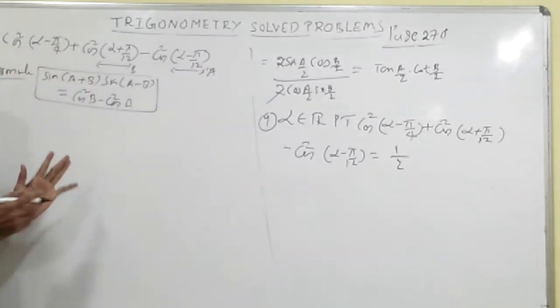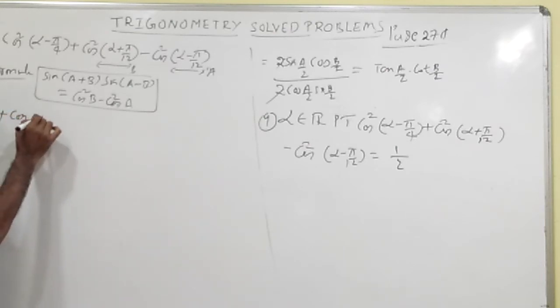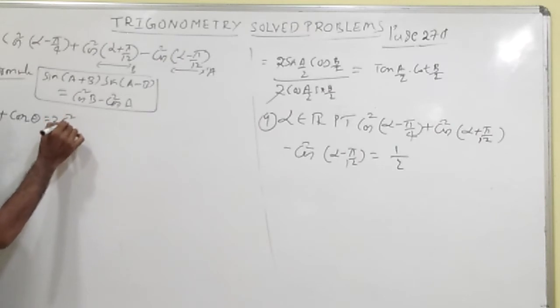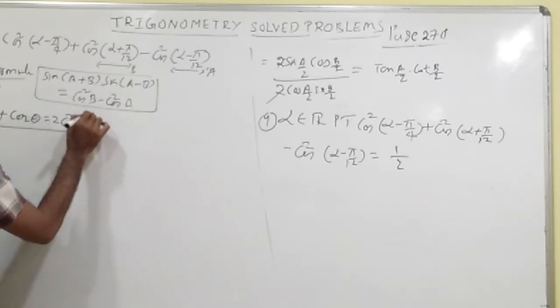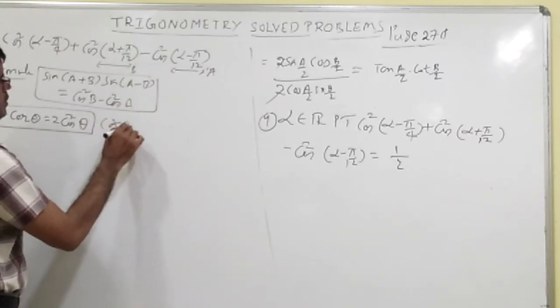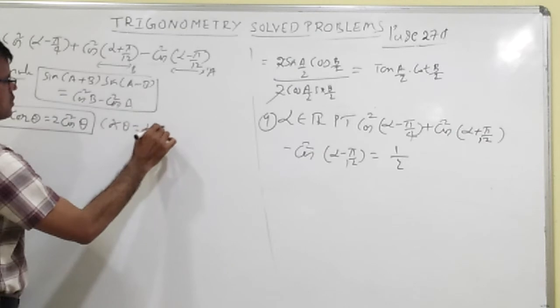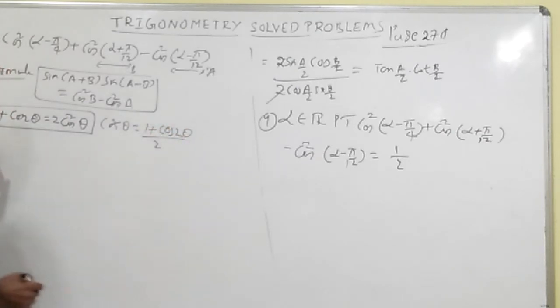And once again, remember the formula 1 plus cos 2 theta. In terms of cos, 1 plus cos 2 theta is 2 cos square theta. So, in the similar way, you can understand cos square theta is equal to 1 plus cos 2 theta whole by 2.